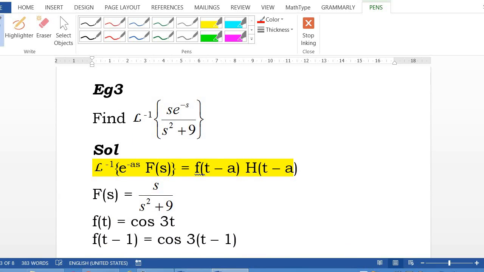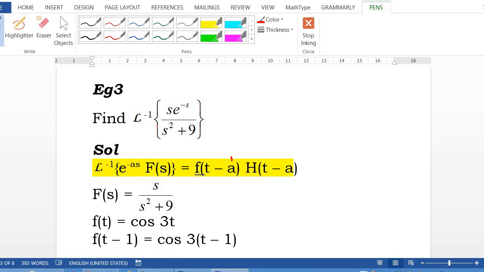The third example: find the inverse Laplace of s·e^(−s)/(s² + 9). To apply the second shift property, we note that a is actually 1. So you need to find the inverse Laplace of this function to be f(t − 1) multiplied by H(t − 1). To get f(t − 1), first of all you must get your F(s), and then take the inverse Laplace of F(s) and you get your f(t).